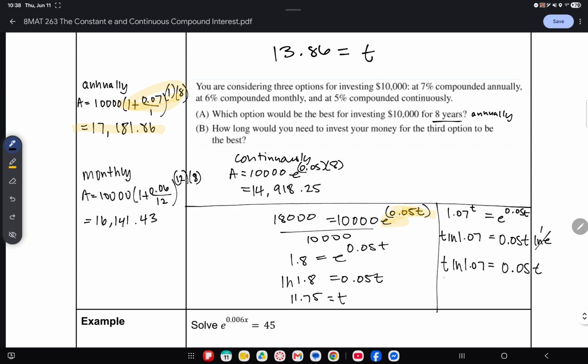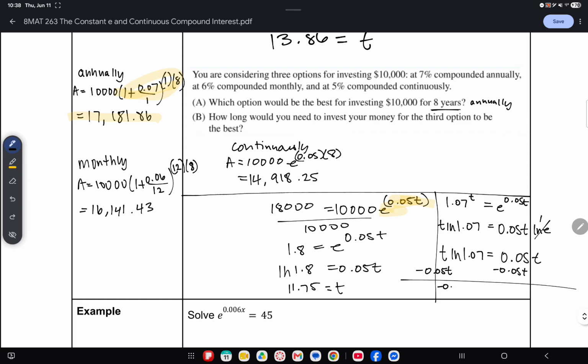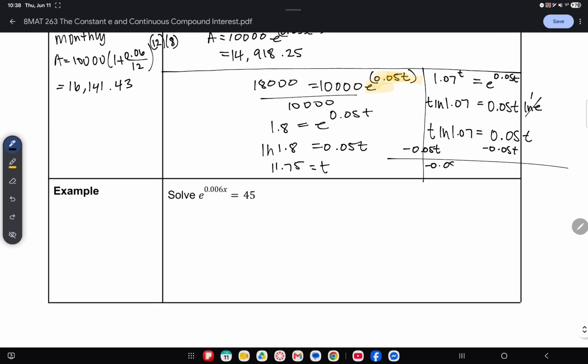So I will, just for easier sake, subtract the 0.05t over. And I'm running out of space here. Can factor out a t. I'm left with negative 0.05 plus natural log of 1.07 equals 0.